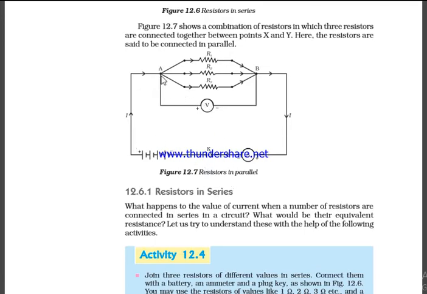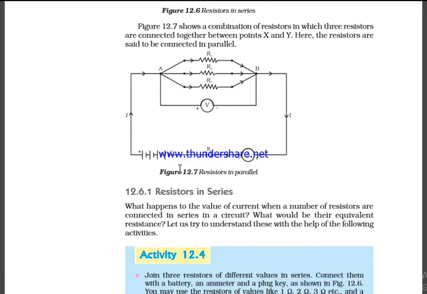Here we are connecting the voltmeter also across this connection in parallel. So R1, R2, R3 are in parallel, and these three resistors are also in parallel with the voltmeter. Here you can see how the ammeter is connected. The ammeter is included in the circuit in order to measure the current flowing in the circuit.